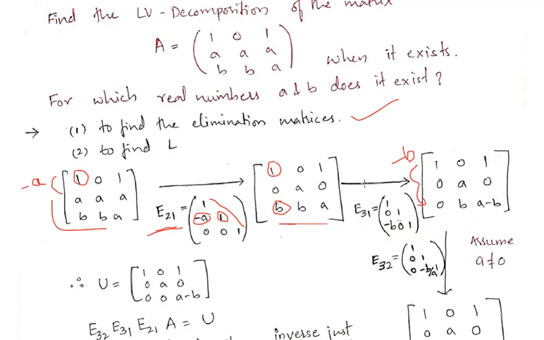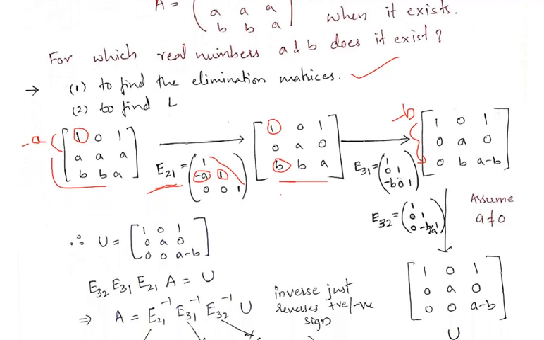So what will I get? Minus b into 1 is minus b, plus the previous b, that is 0. Similarly for all the other elements in the row. So what I have got is 1 0 1, 0 a 0, 0 b a minus b.